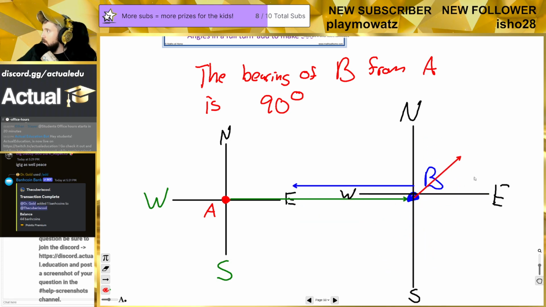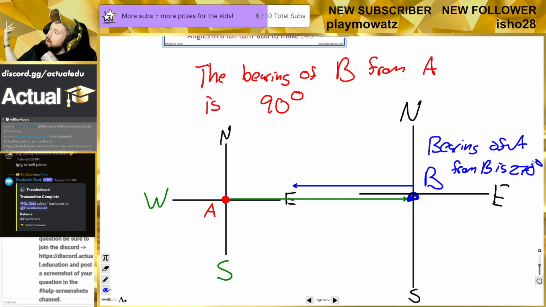See how you have to come all the way around? So here I would say the bearing of A from B is 270 degrees. Just think about it like a compass. It's just a compass, Ethan.